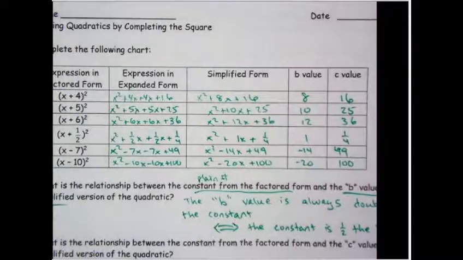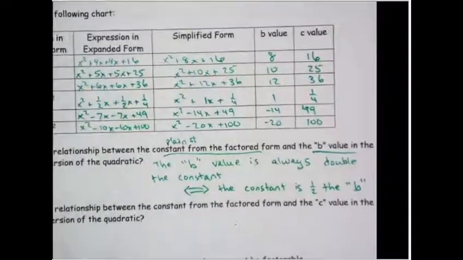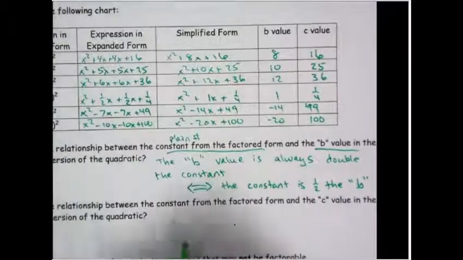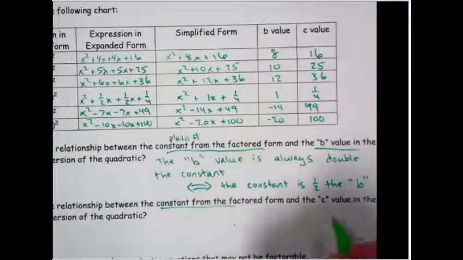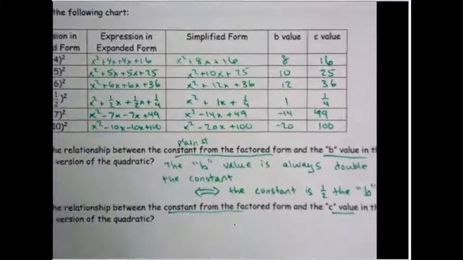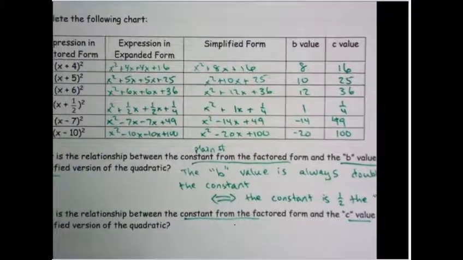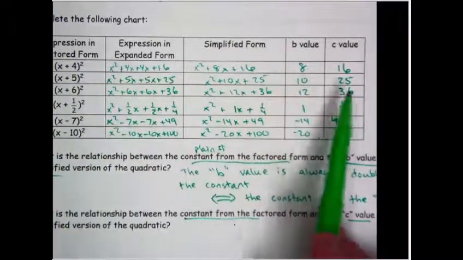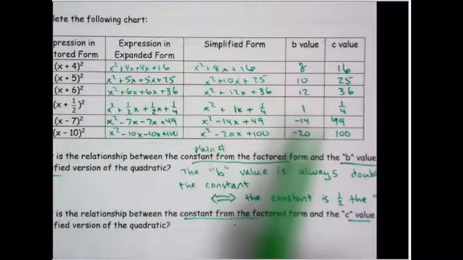Okay, so now let's see if there's one more thing we can figure out. Alright, let's compare the constant in the factored form to the c value. So again, if you look at these numbers, we've got 4 and 16, 5 and 25, 6 and 36, and so on and so on.